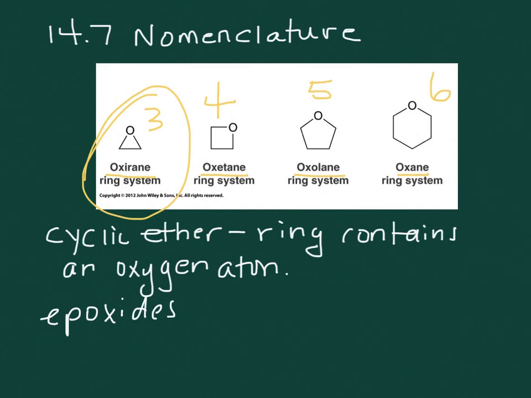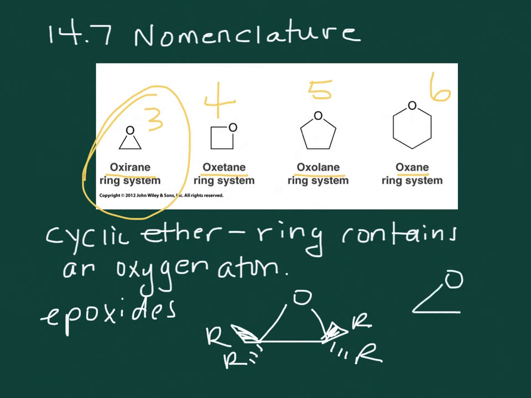Now, an oxirane can have up to 4 R groups attached to it. The simplest is ethylene oxide, where all 4 R groups are hydrogen.